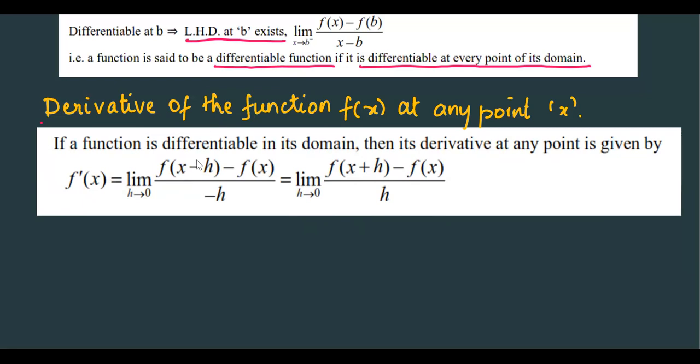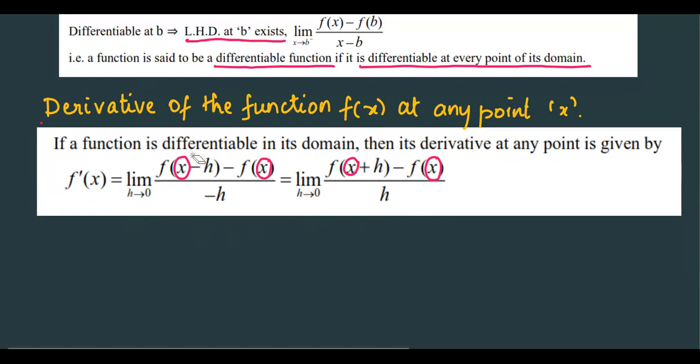So when we don't write a here, in the previous case it was a minus h, we have replaced this a with a general variable x.